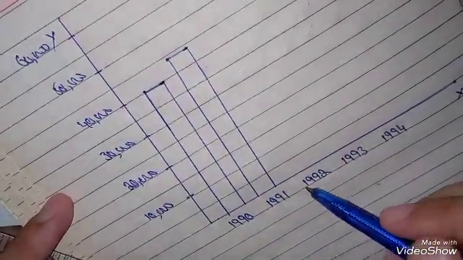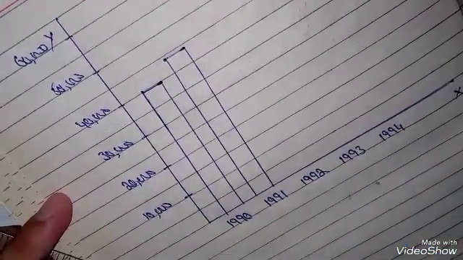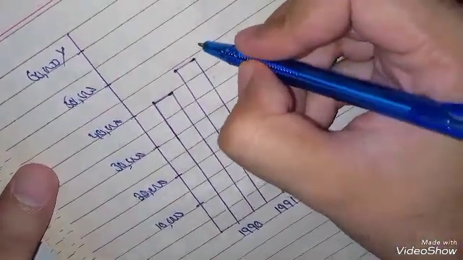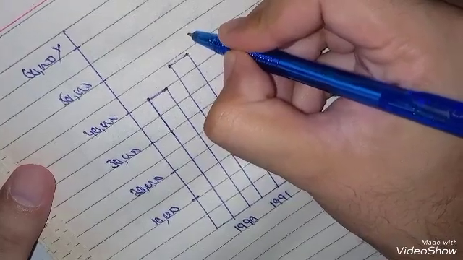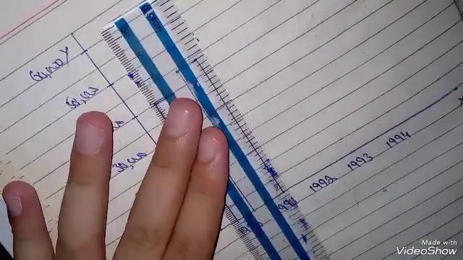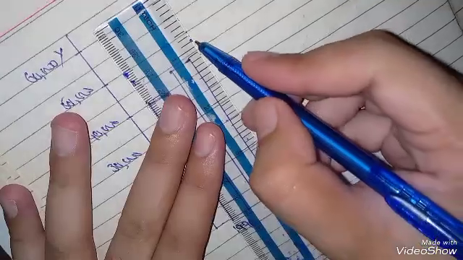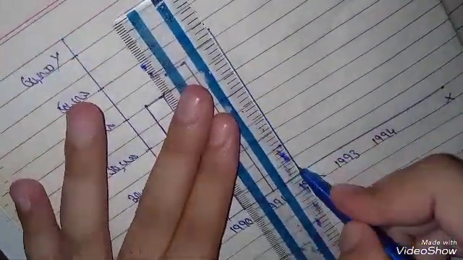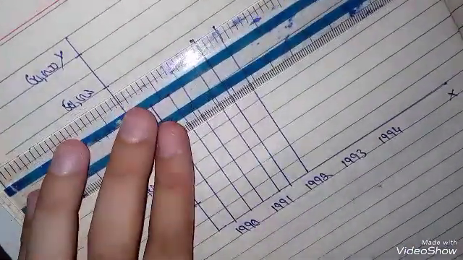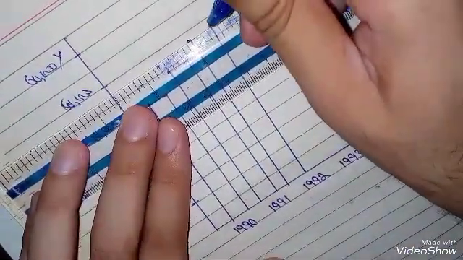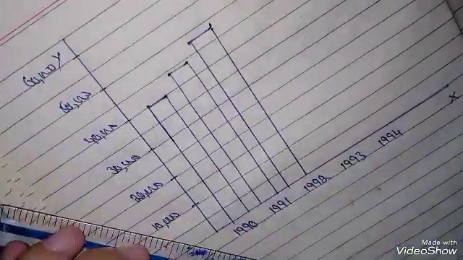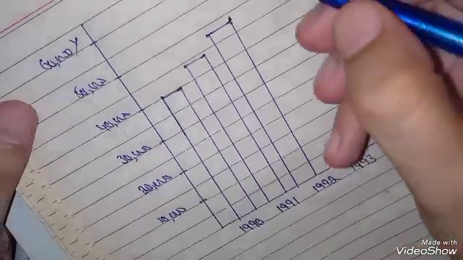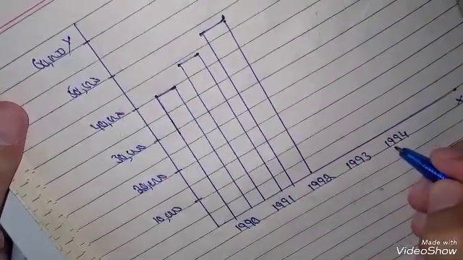Likewise, for 1992 we have 47,000, and that is somewhat like this. In 1993 we have 53,000, and in 1994 we have 57,000.